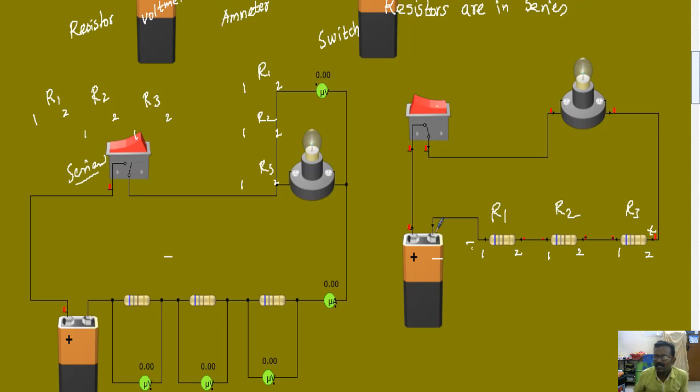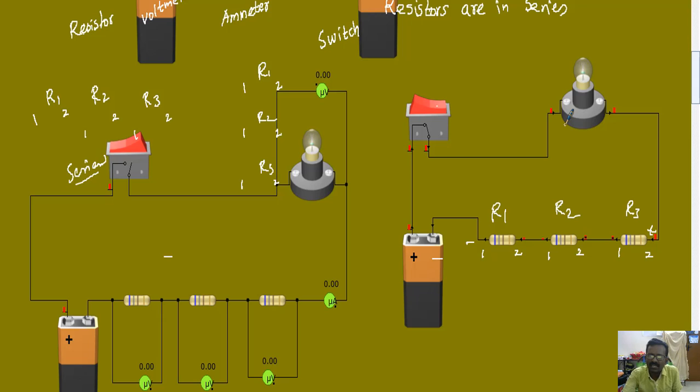Now the negative terminal of the battery is connected with the first end of resistor 1, and the plus is going to the second end of the third resistor. The minus is connected here, plus is connected here. Plus is not connected directly with this point or this point. So plus is connected directly here.